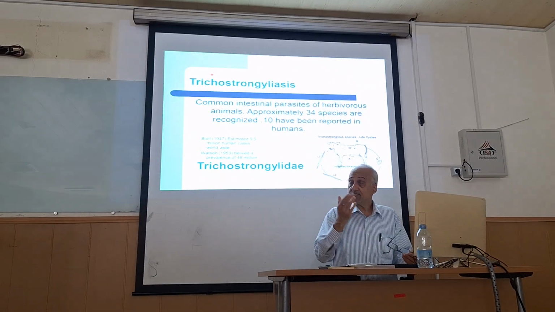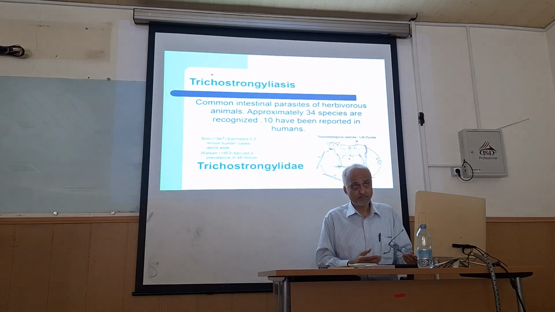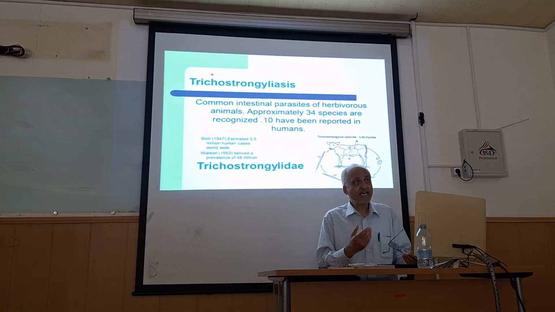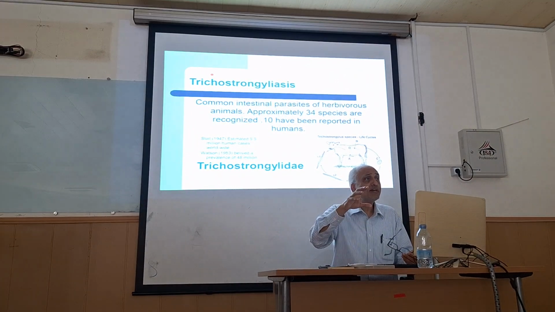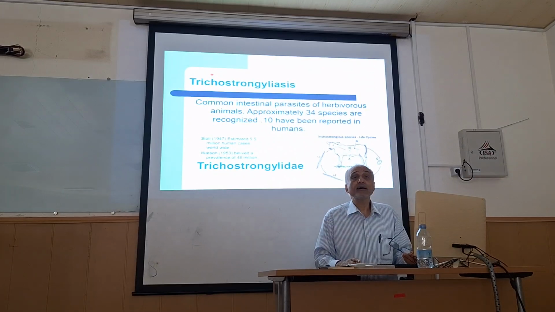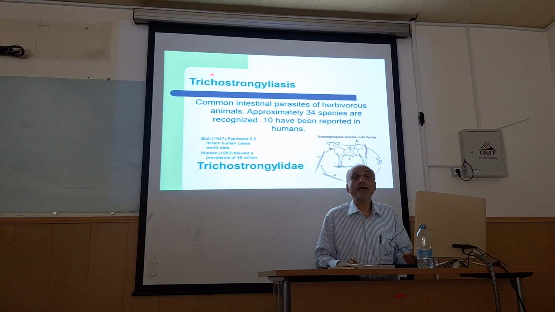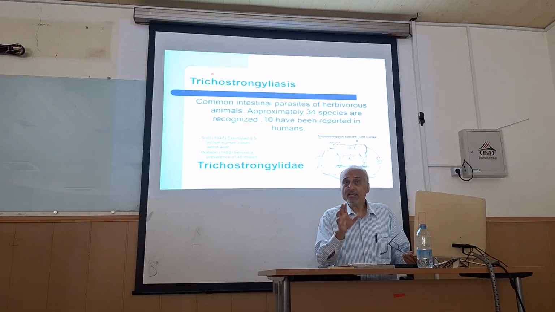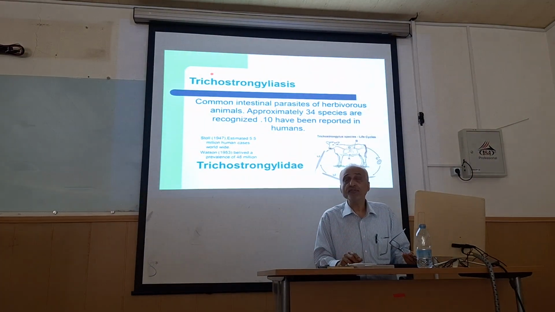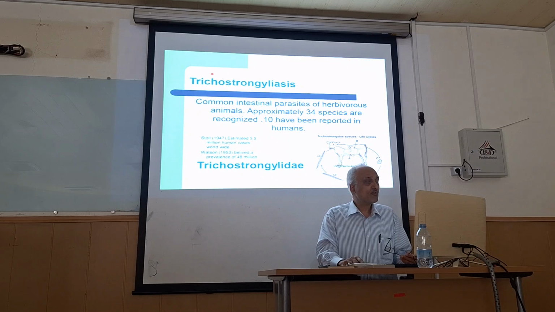So in the posterior end of male Trichostrongylus, we can see the copulatory bursa, similar to what we see in hookworms. But the important point is that there is some morphological difference. I will focus on that.